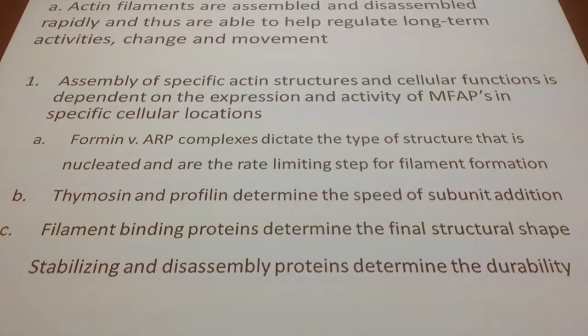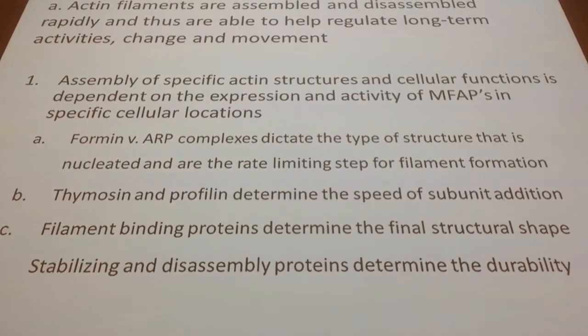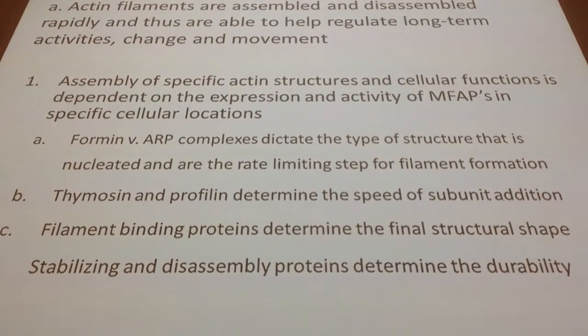Okay. So for assembly, or polymerization, to start out, or you can think of that as the initiation of microfilament assembly, the initiation of microfilament assembly is referred to as nucleation.